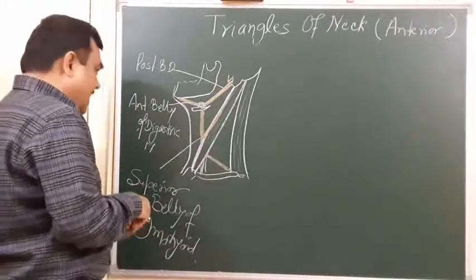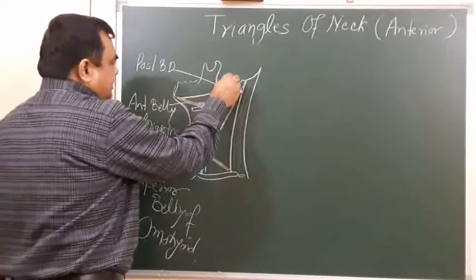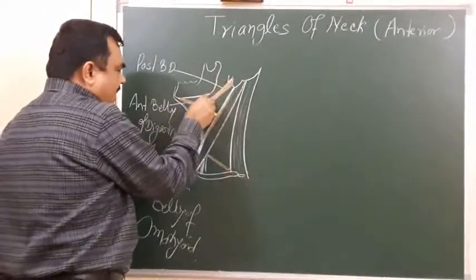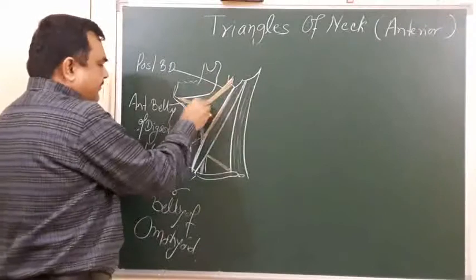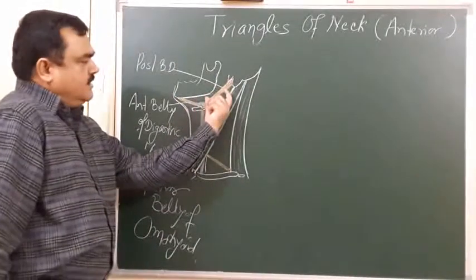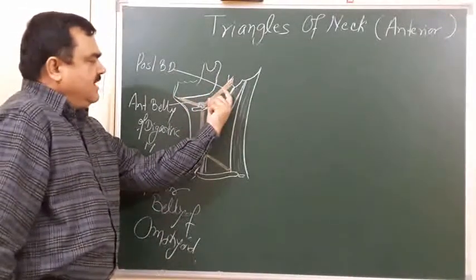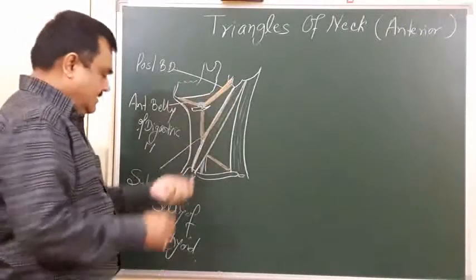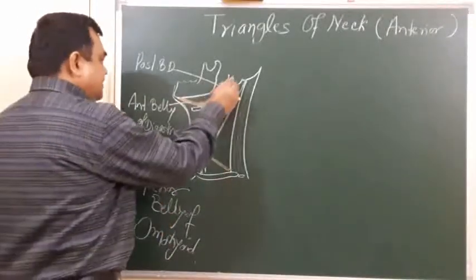Here another muscle is also present, that is the stylohyoid muscle. So the superior boundary is formed by the posterior belly of the digastric and this stylohyoid muscle.